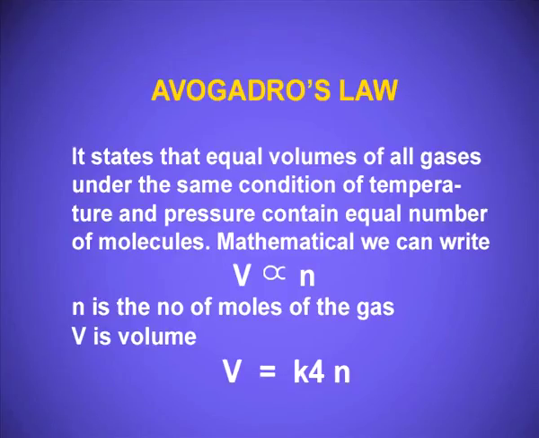It states that equal volumes of all gases under the same condition of temperature and pressure contain equal number of molecules. Mathematically, we can write V directly proportional to n, where small n is the number of moles of the gas and V is volume. V equals K4 n. Here K4 is the proportionality constant of Avogadro's law.